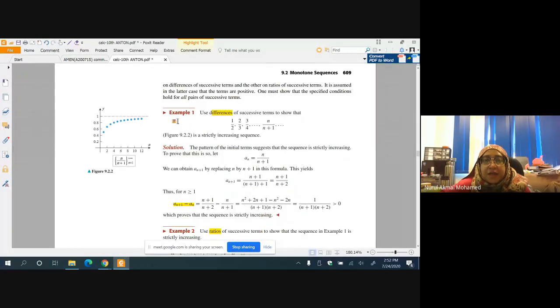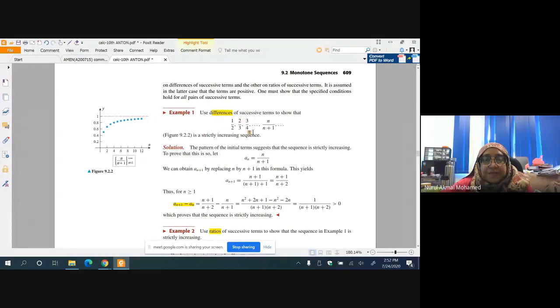Okay, so let's look at the first example. The first example asks you for the difference of successive terms, not the ratio. So for the difference, it is the difference between two terms, let's say a_(n+1) and a_n.